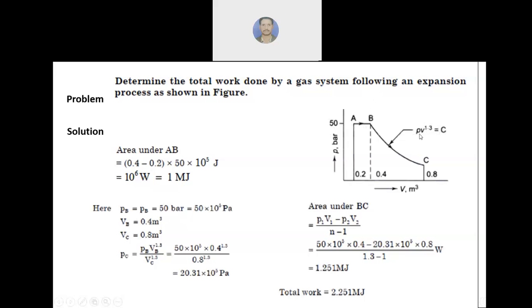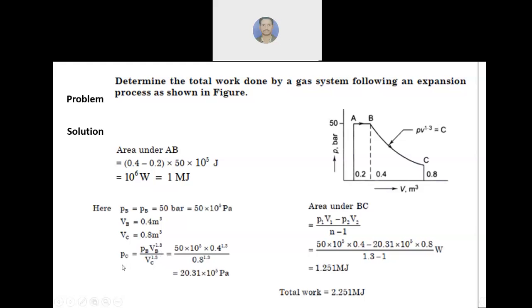Now you are given this process, so you can write P1 V1 to the power 1.3 equals P2 V2 to the power 1.3. Same thing here. You don't know the pressure at point C, so PC we will get from PB VB to the power 1.3 divided by VC to the power 1.3.